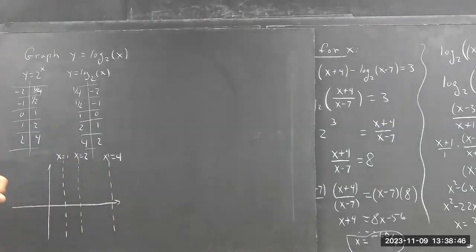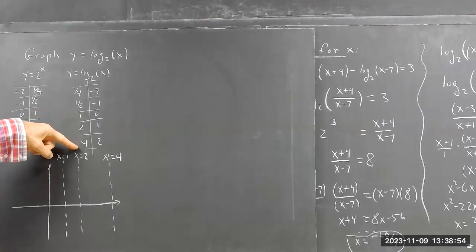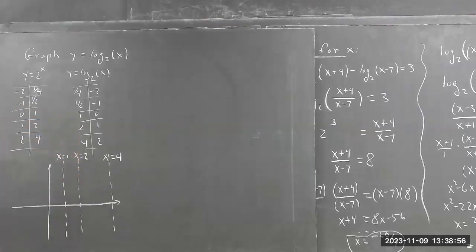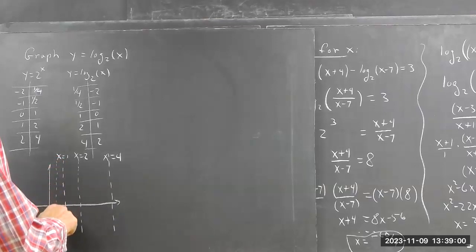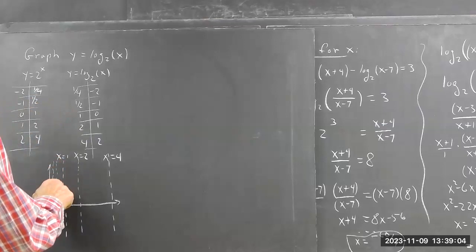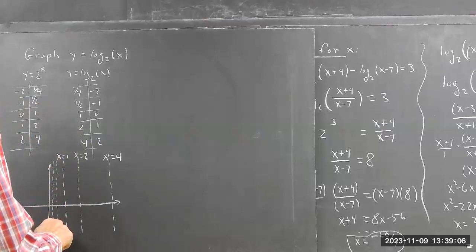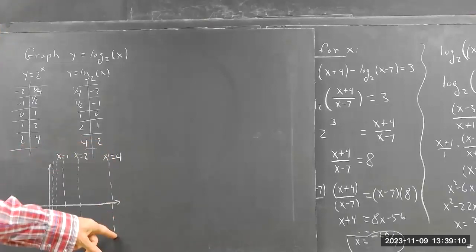need values of x, including 1, 2, and 4. We also need x equals 1/2 and x equals 1/4, which we can get easily enough. Now we have a familiar process. We start out with x equals 4.